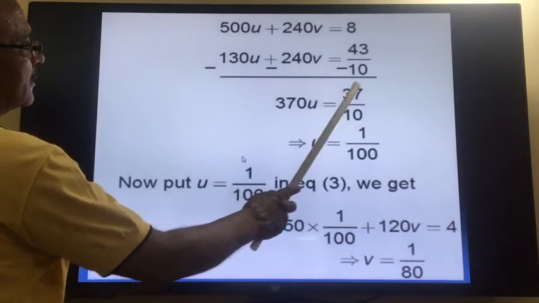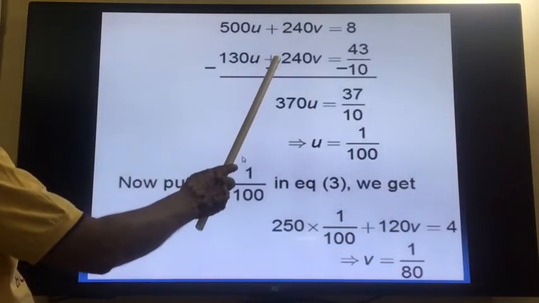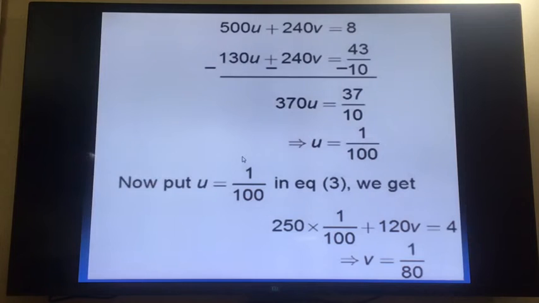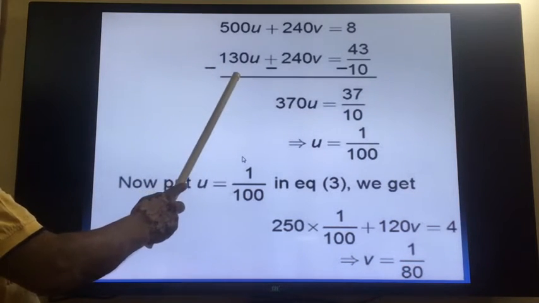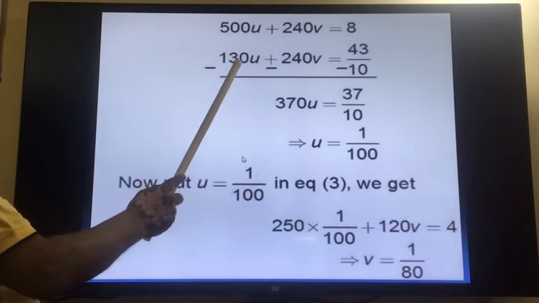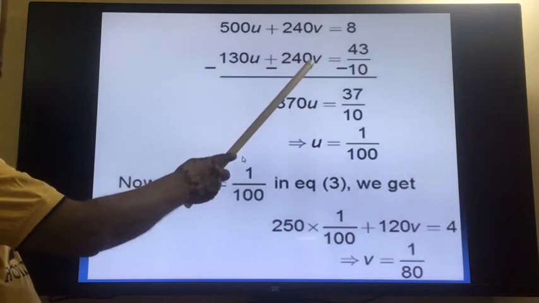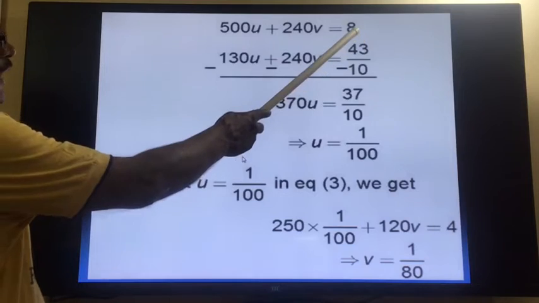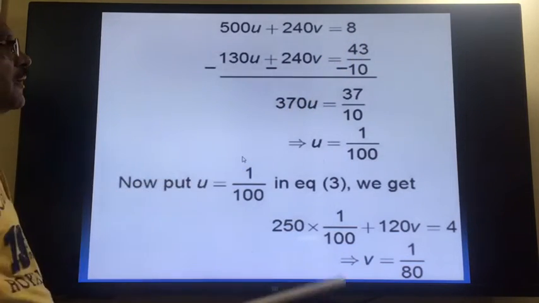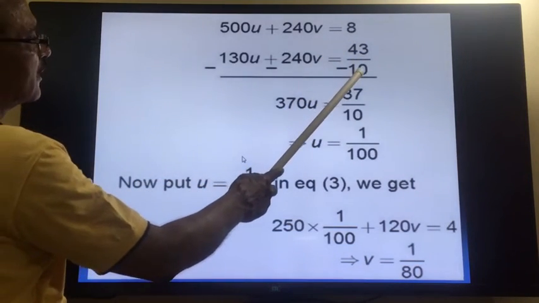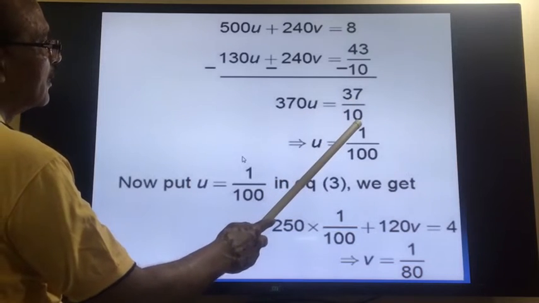Because we are subtracting. Why are we subtracting? Because both the signs are same. If both are positive or both are negative, then we subtract. So after subtracting, we will get 500 minus 130, 370u, 240v minus 240v, 0, then 8 minus 43 upon 10. After taking the LCM, we will get 37 upon 10 only.